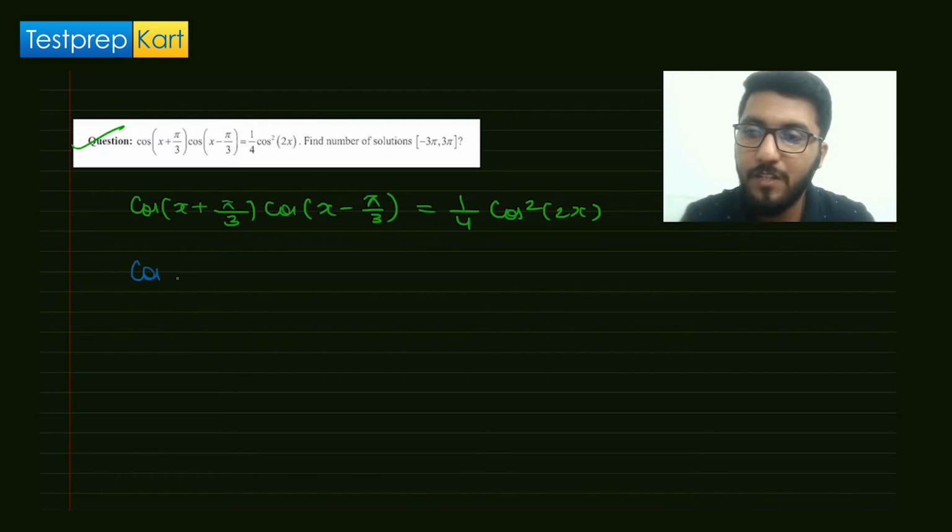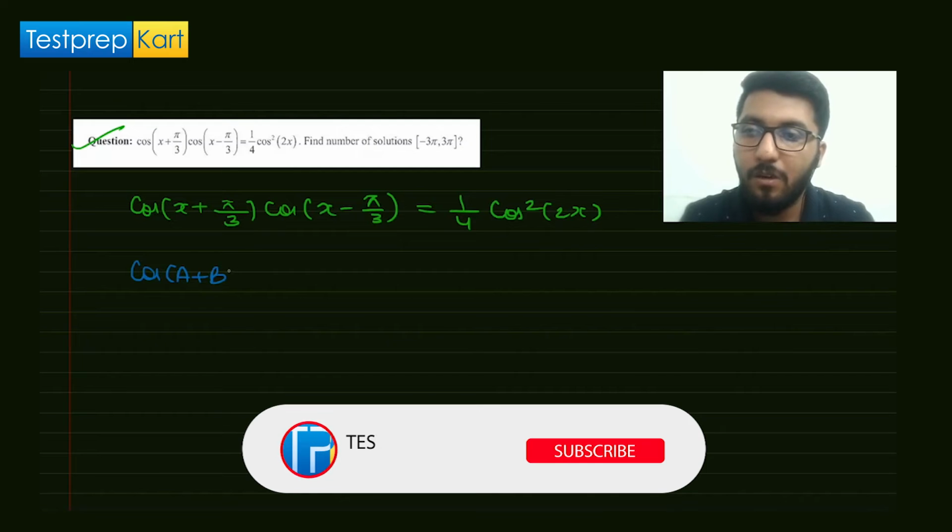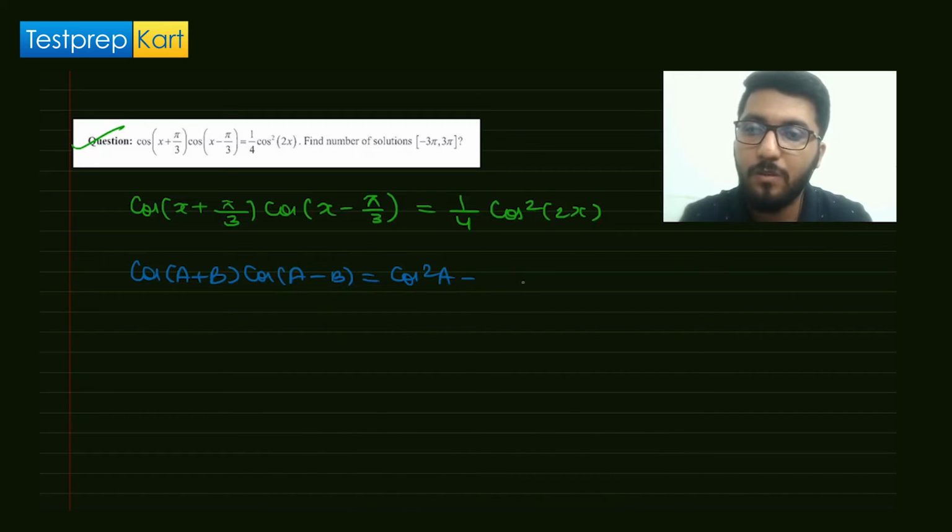Here, the very first formula to be applied is cos of a plus b times cos of a minus b, which is nothing but cos square a minus sin square b. If you have not heard of this formula before, please try to revise everything in the trigonometry chapter, because you can see how, on the basis of the formula, we can solve the question very easily.